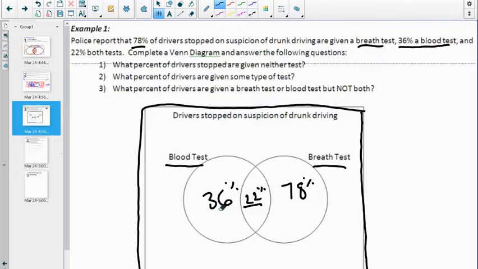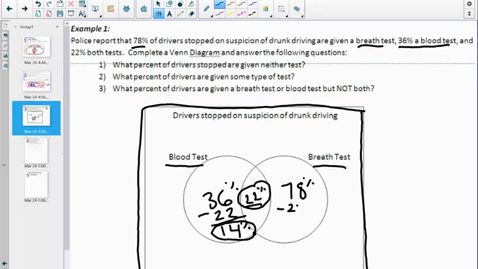So to find the total of people given just a blood test, you'll subtract that 22%, and you'll be left with 14%. That is the actual percentage of people who were just given the blood test, because that 22% is added to that 14% to get you to that 36%. And we're going to do the same over here with the breath test.